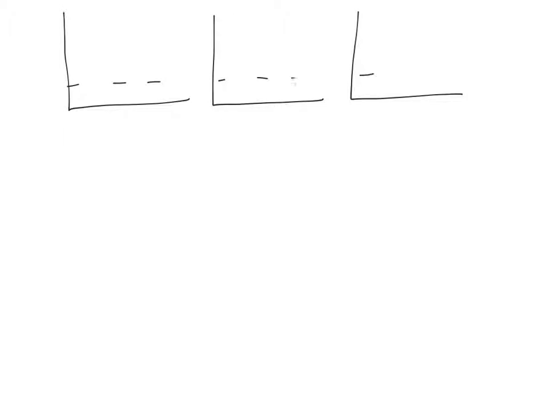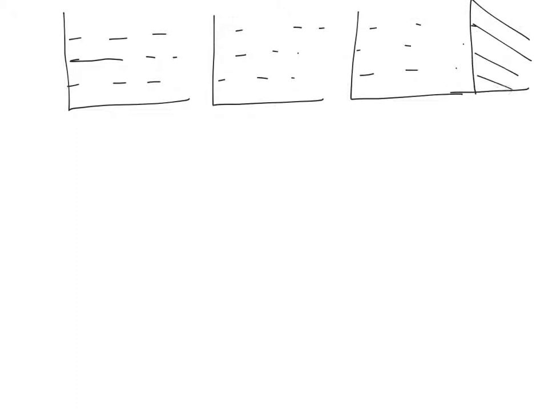Let's draw the energy bar charts. So an A, a B, and a C. And I think in C we're going to need that extra dissipated column.